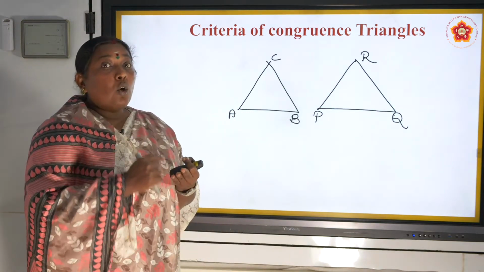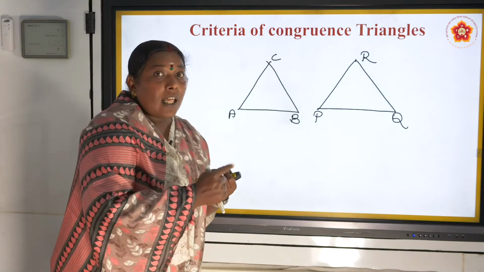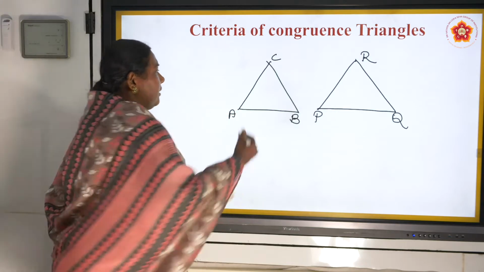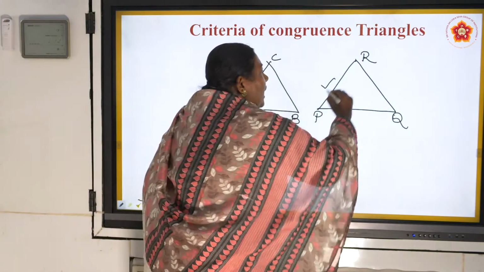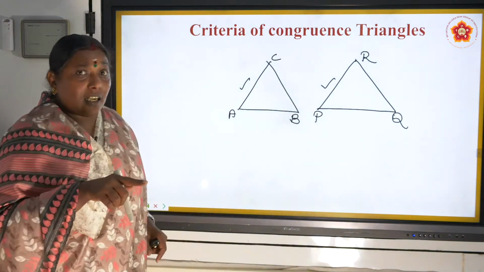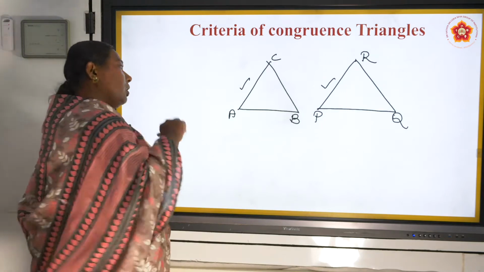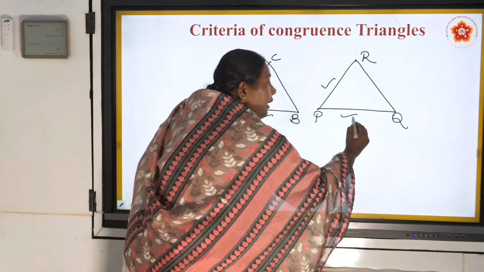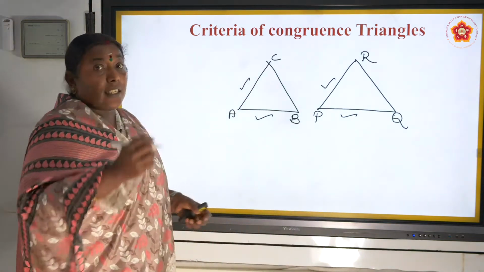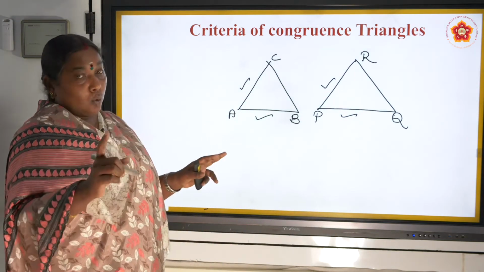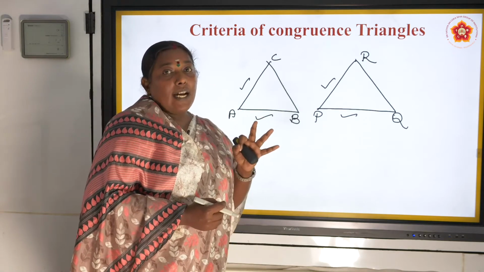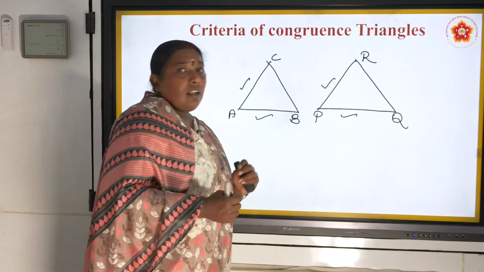So when who and who are the same, then I can tell they are congruent. If one side AC and PR are equal, can I tell that as congruent? No. Okay, I will include one more side. AB and PQ are the same. Can I tell that that is congruent? No. We need at least 3 members so that we can tell that both are congruent.